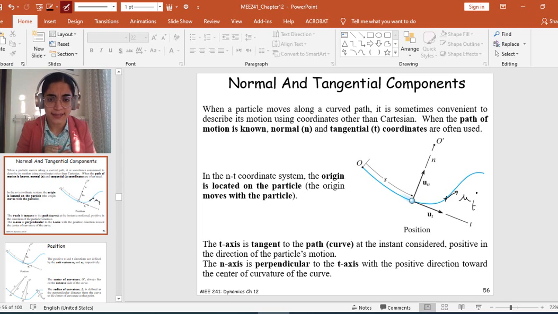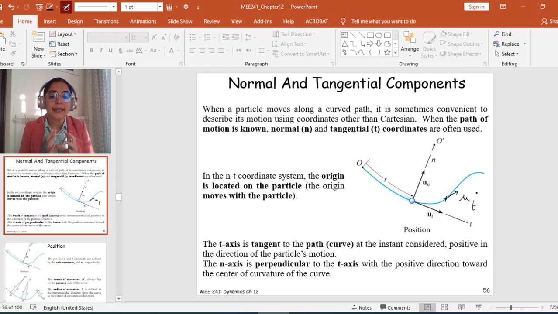Can I say that this is a fixed unit vector? No way. Because in fact, this unit vector is changing its direction. It's not fixed. It's not a constant vector. It's changing its direction so that it is always tangent to the path of this particle. What about un?